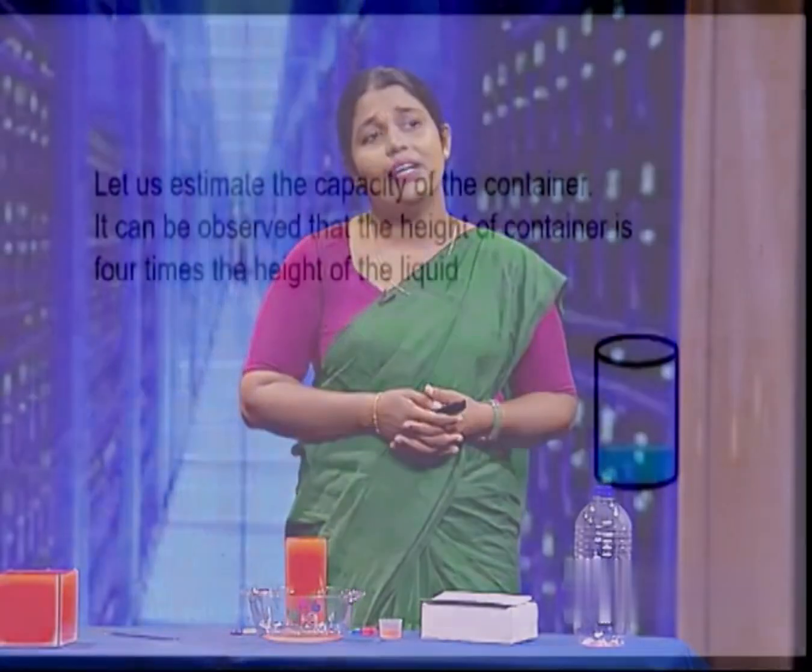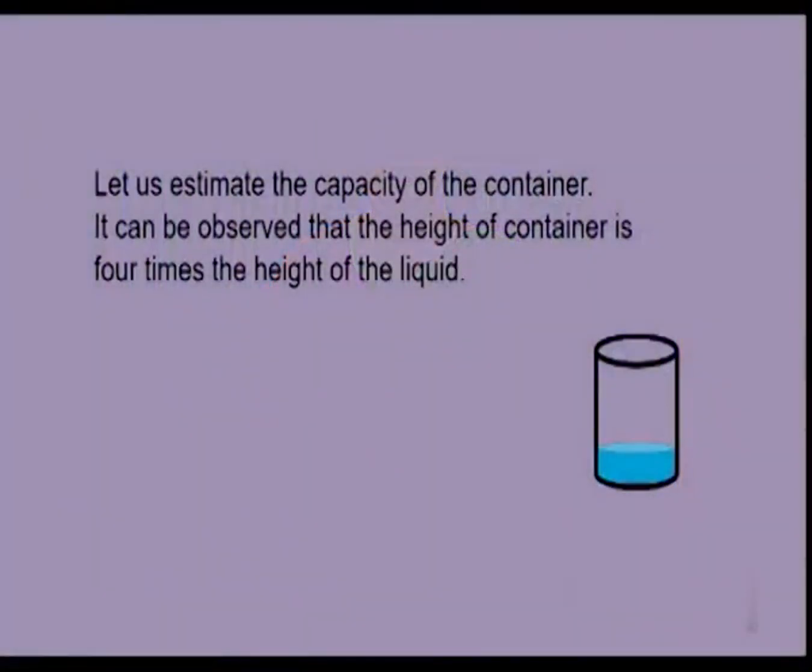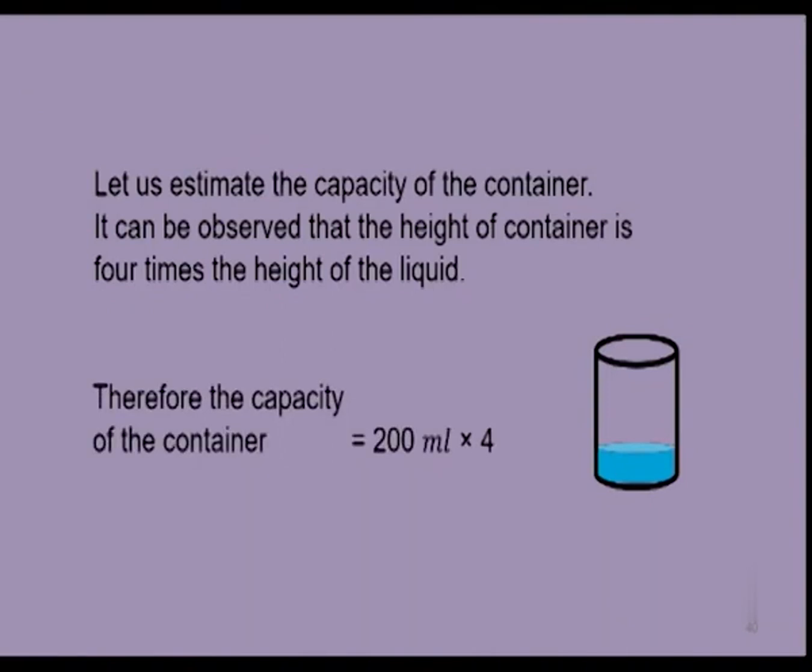Yes, it is clear that it is 4 times. So, what is the small calculation that we have to do? Yes, to get the capacity of that container, you have to multiply 200 milliliters by 4. Then you can estimate the capacity of that container as 800 milliliters.